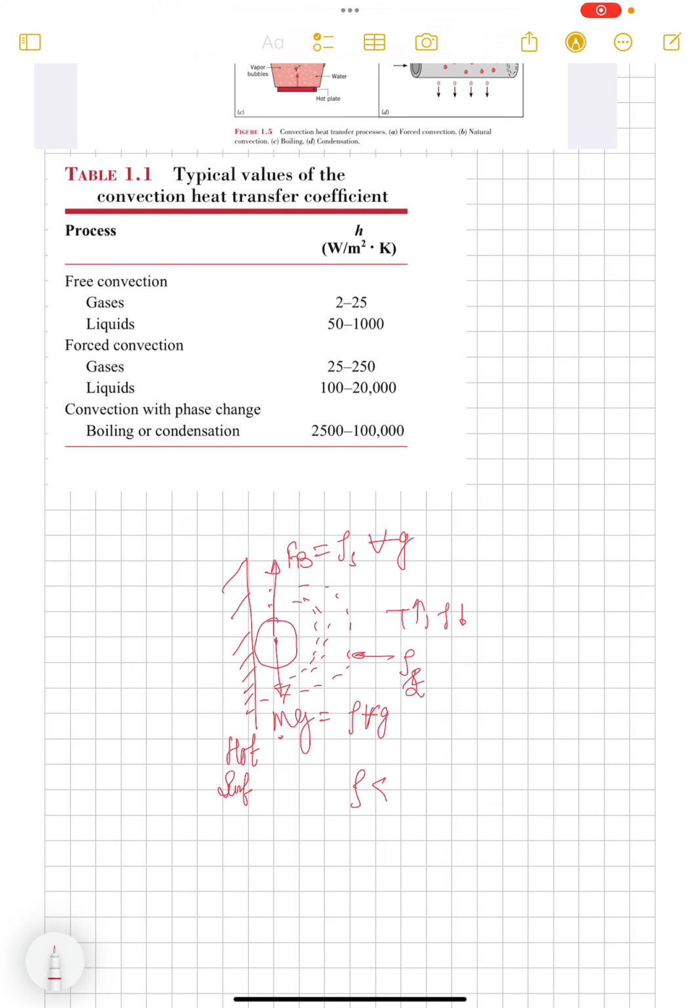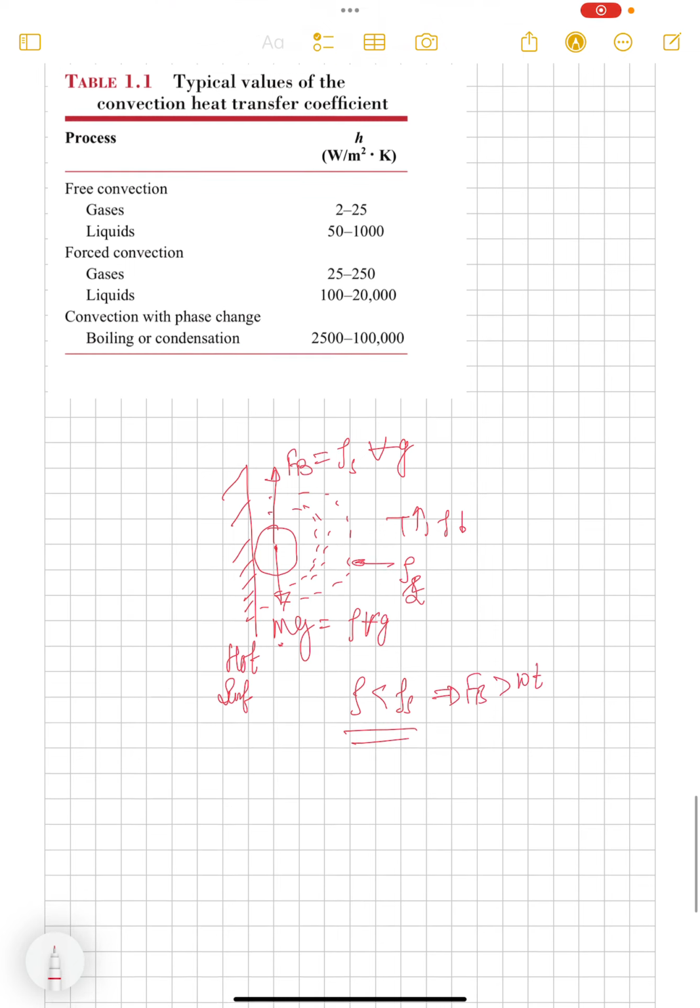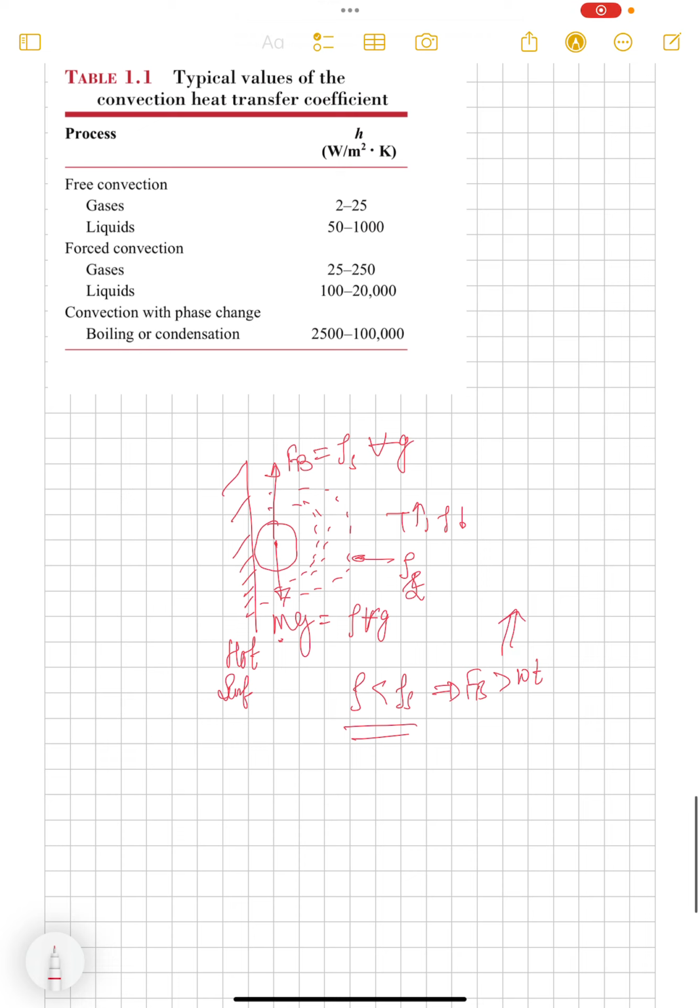Since rho is less than rho S, an upward buoyancy force will act on it. It means Fb is more than the weight, which results in a net upward force on it.